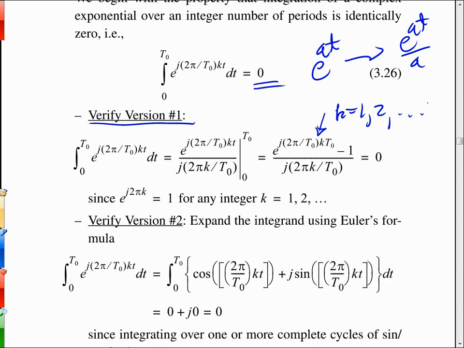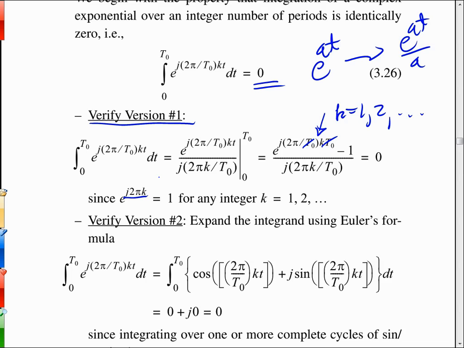As long as we're dealing with an integer value, those guys cancel, and then we just have something in the exponent e to the j 2 pi k, which is equal to 1 no matter what the value of k is, right? Does everybody see that from Euler's identity?